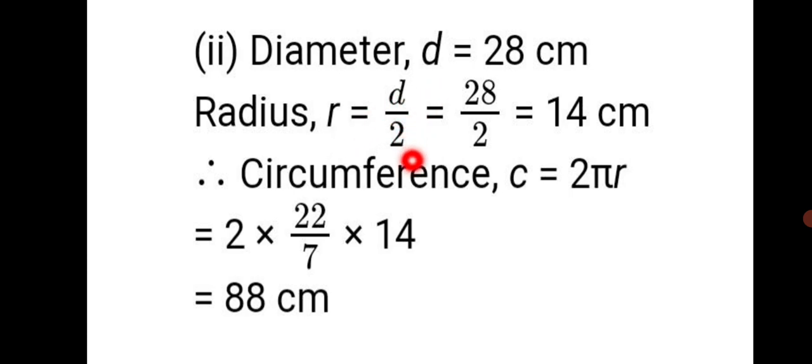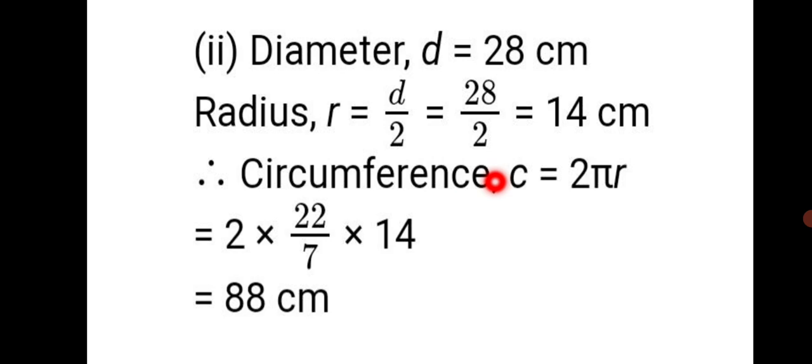Radius is equal to diameter upon 2 is equal to 28 upon 2 is equal to 14 centimeter. So whenever you have to find radius from diameter, you have to divide the diameter by 2. And if you want to find out diameter, then you have to multiply the radius by 2. Okay. So we can always find radius and diameter if one of them is given.